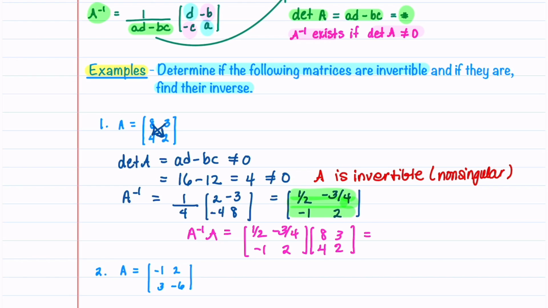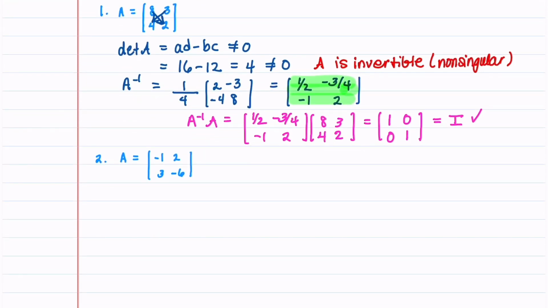When we do the multiplication, we end up with a 4 minus 3, which is 1, a 3 halves minus 3 halves, which is 0, an 8 minus 8, which is 0, and then a minus 3 plus 4, which is a 1. And we can verify that this is the identity, and we know that our answer then is correct.